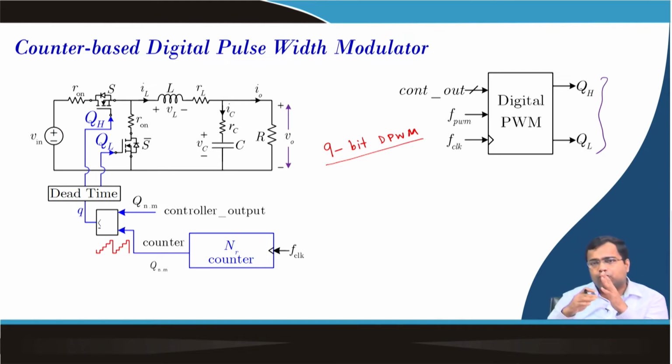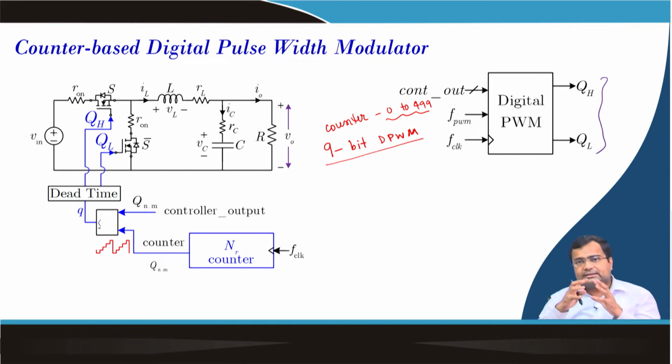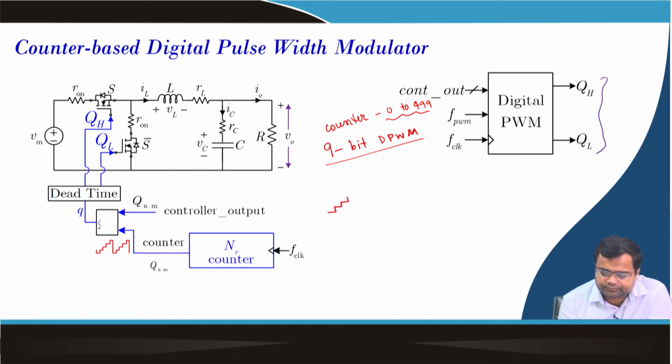So, the counter will vary from 0 to 499. But this is a binary number. What is the real life voltage equivalent? That is the most important, because we are talking about a sawtooth waveform, like this.